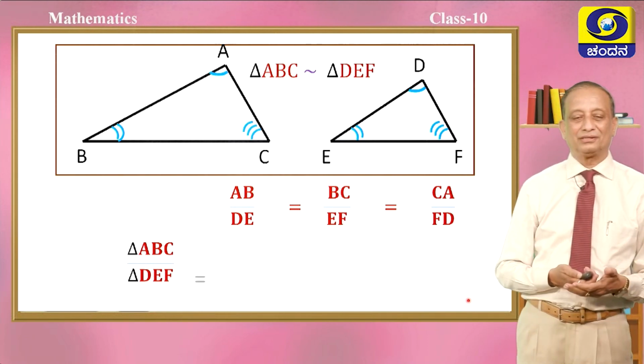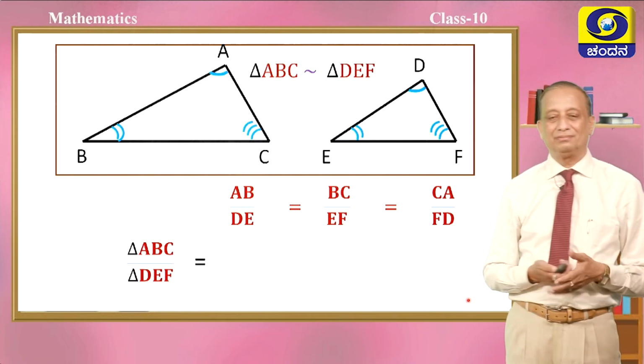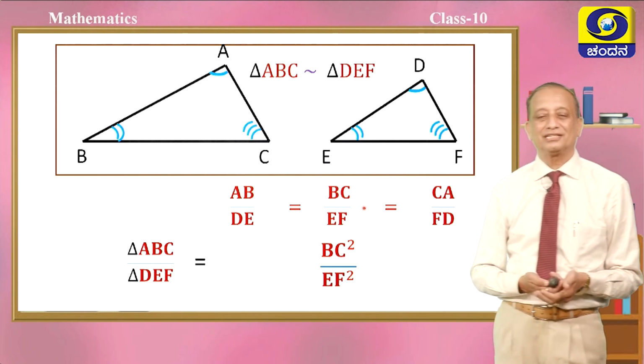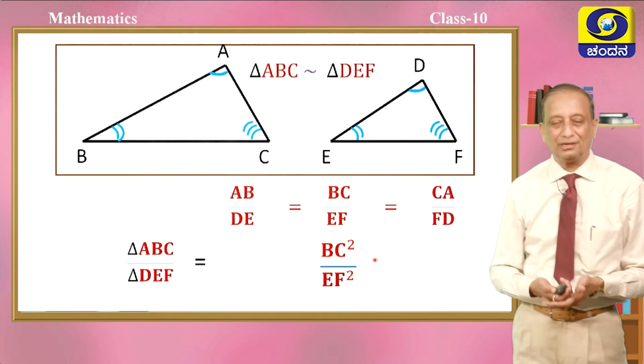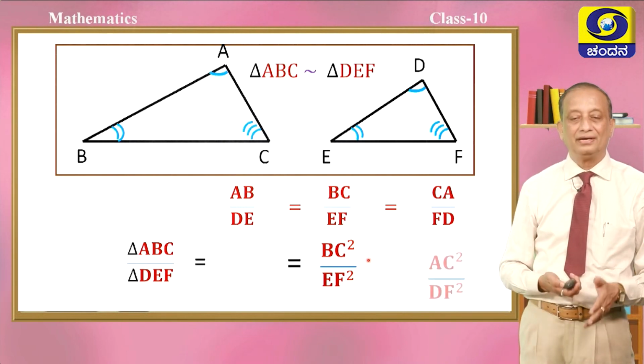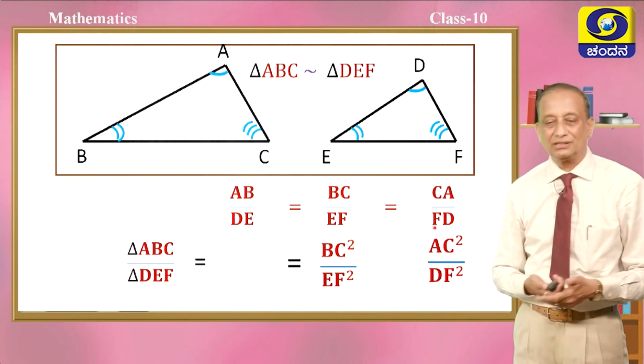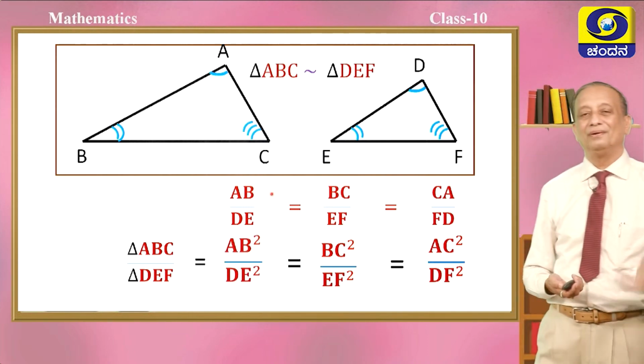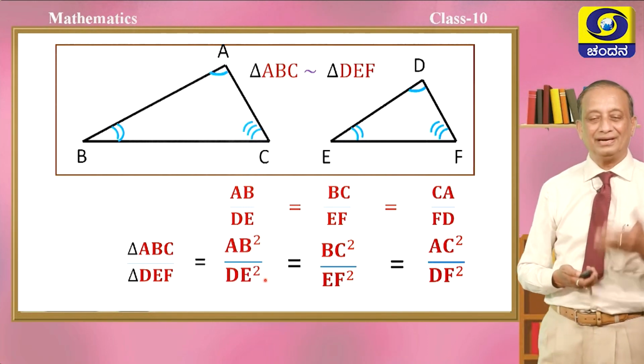We have also understood that areas of similar triangles are proportional to squares on their corresponding sides, that is BC square by EF square, which is equal to AC square by DF square, which is also equal to AB square divided by DE square.